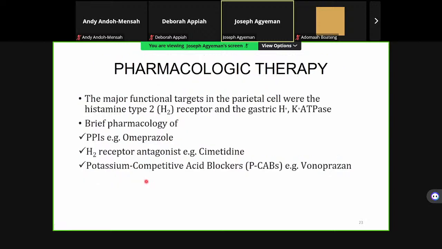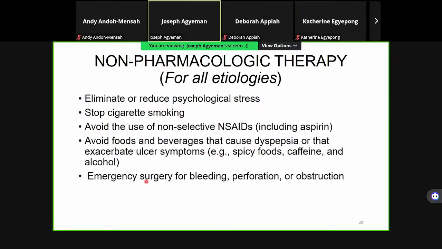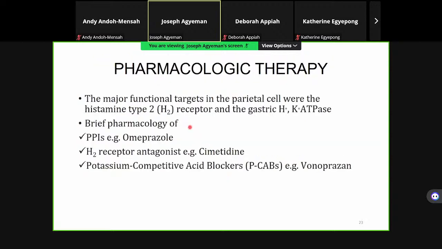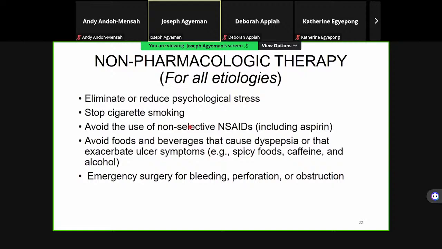How about pharmacological approach? Remember, always, whether you bring in drugs or not, the non-pharmacological approach, you have to do them. Don't say that you are now going to take drugs, so you are not going to smoke because the drugs can protect you. No. You are going to drink excessively because omeprazole is here. It can protect you. It's just like you saying that you are now on highly active antiretroviral therapy.